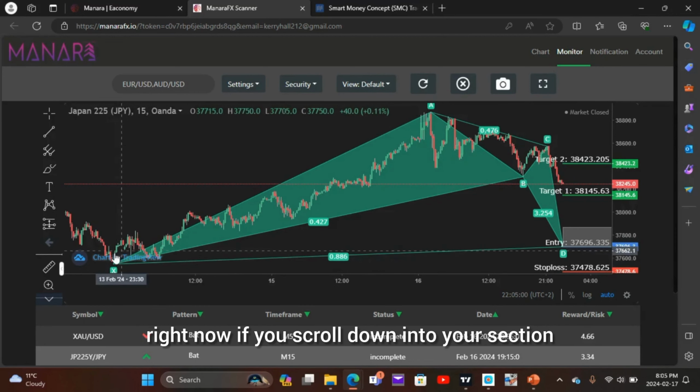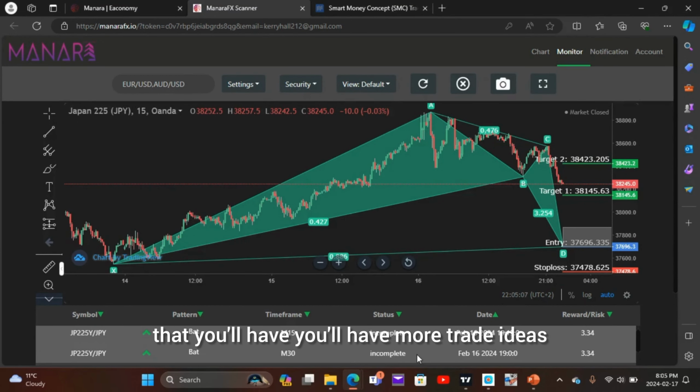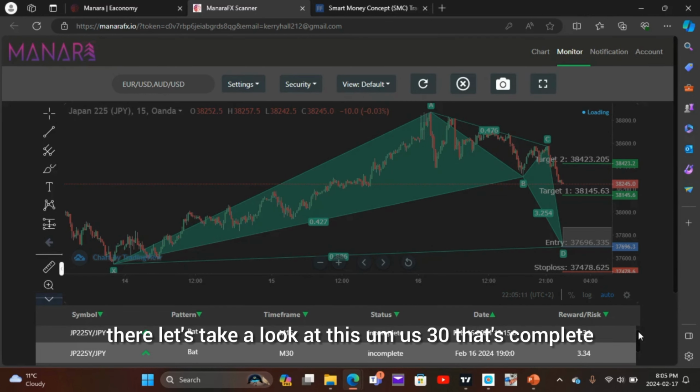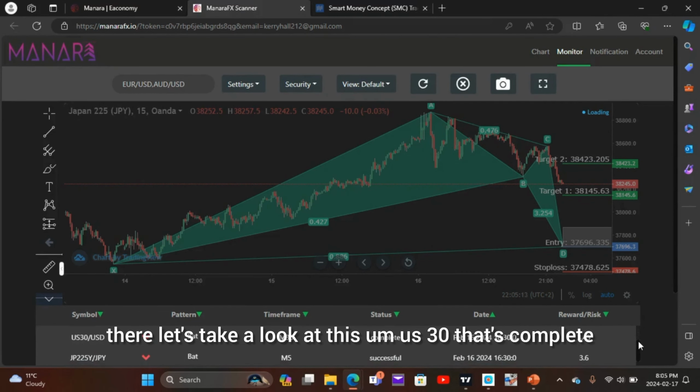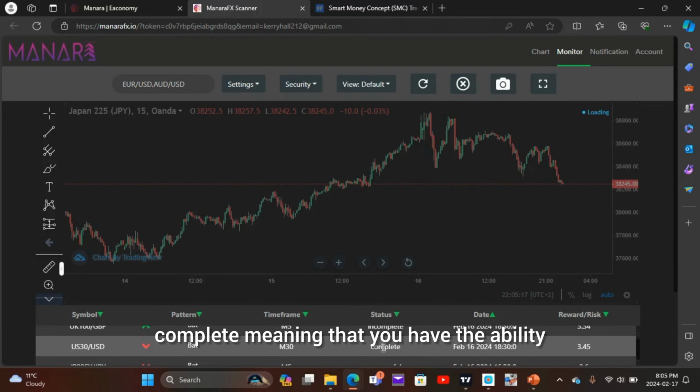Right now, if you scroll down into your section here, you'll recognize that you'll have more trade ideas. More trade ideas will actually be there. Let's take a look at this US 30 that's complete, meaning that you have the ability to take the trade. All right, so let's allow it to load.